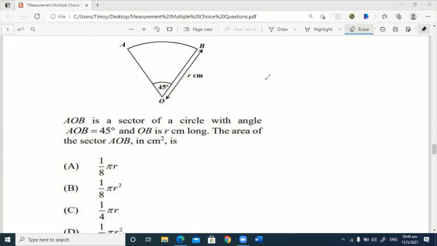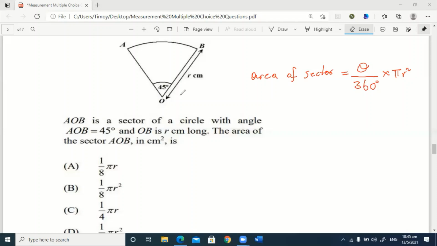We know that the area of a sector is going to equal theta, which is the angle given inside the sector, out of the total amount of angle in the entire circle, which is 360 degrees, times pi r squared, which is just the area of the circle.